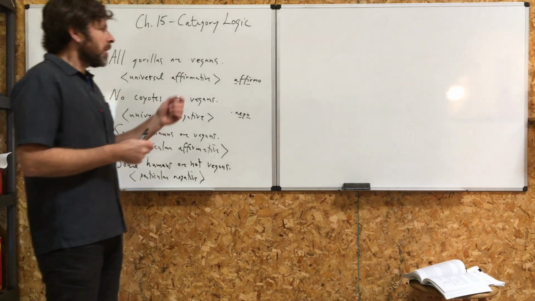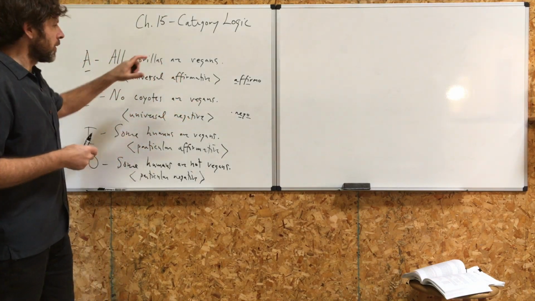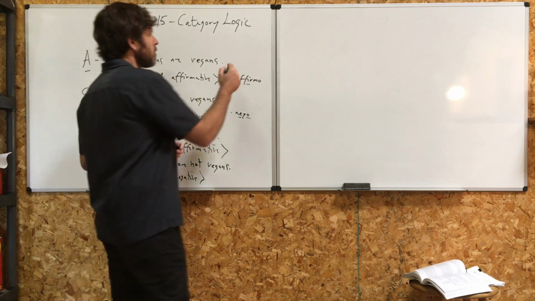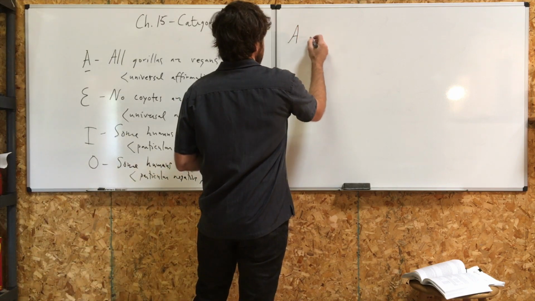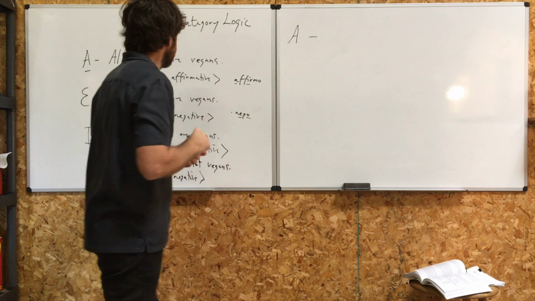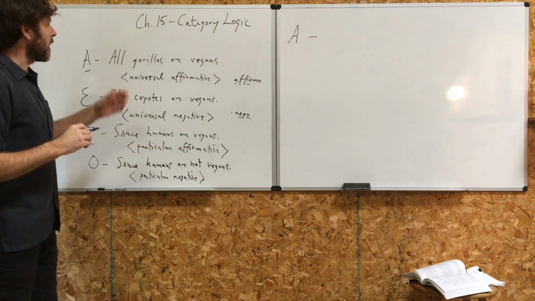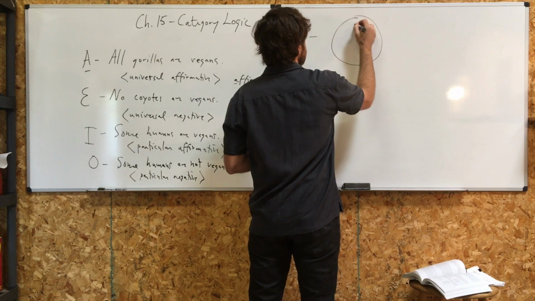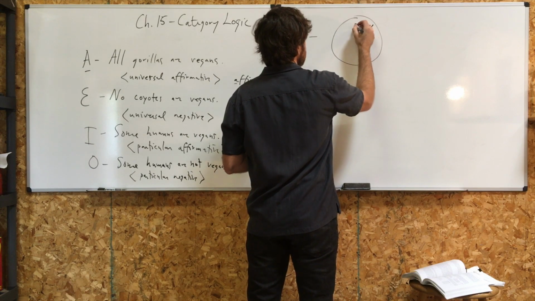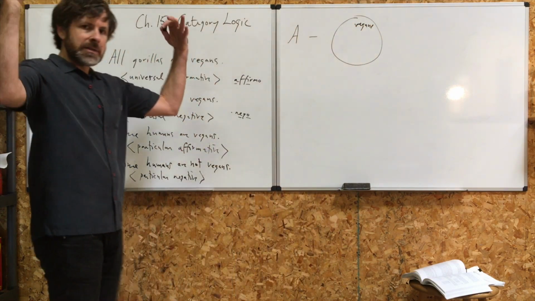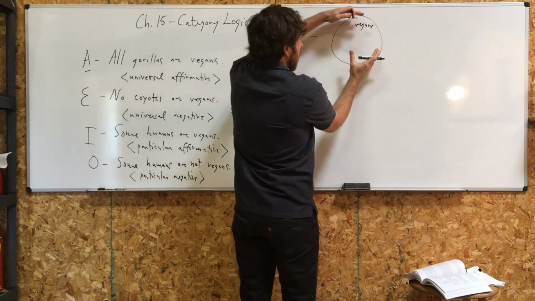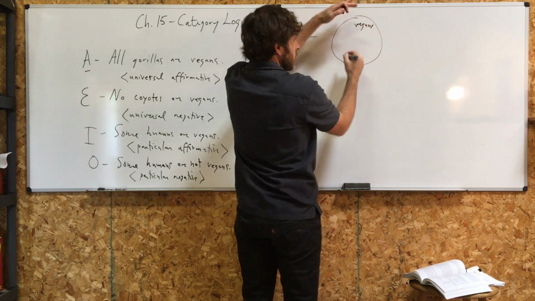Let me quickly diagram what these statements are doing. Take an A statement. By saying all gorillas are vegans, it's really saying take the set of vegans. Just imagine that set, right? So this circle would represent all the vegans in the universe.